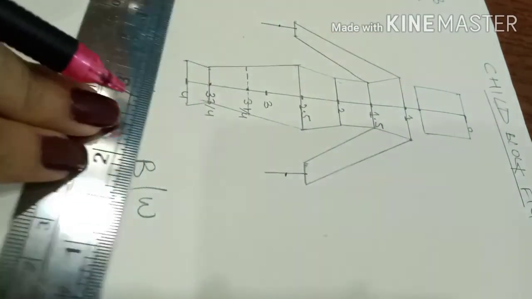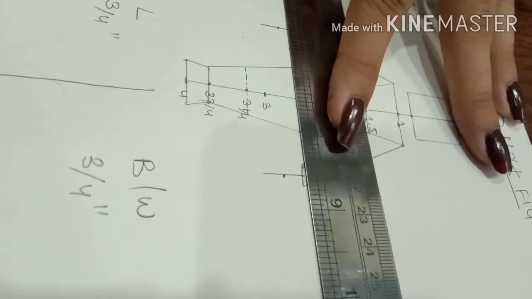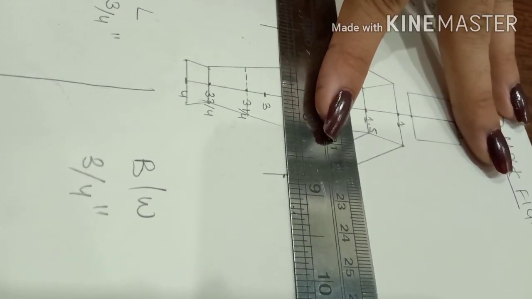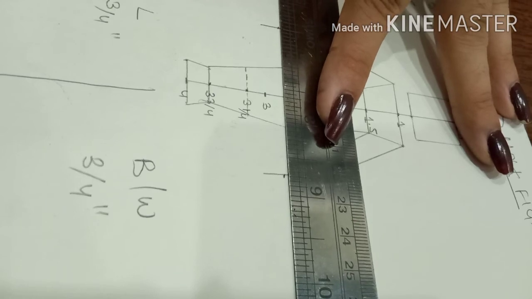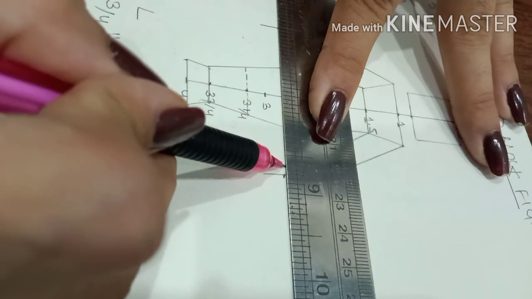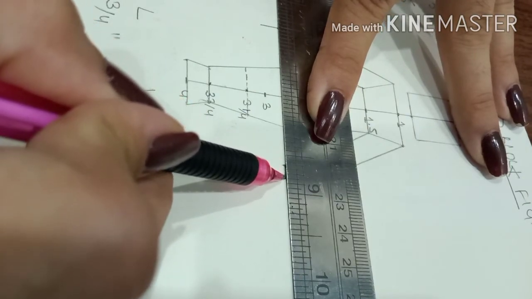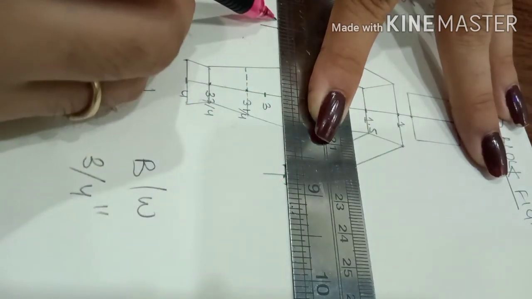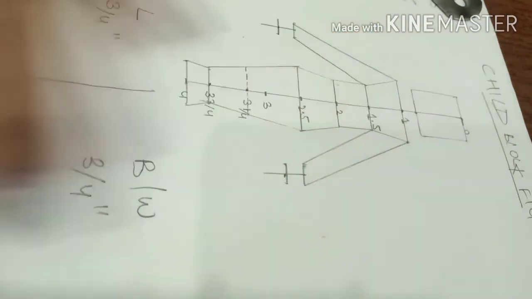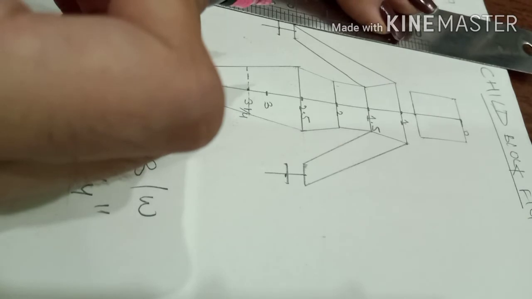Now in center, make a line that is 1/4, that is 5 lines. Join this.